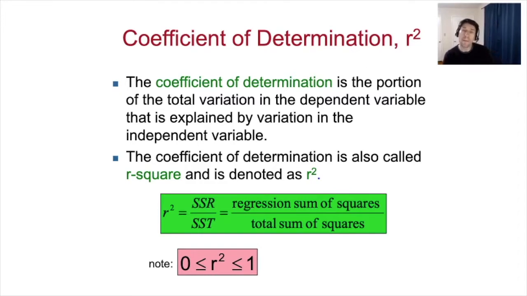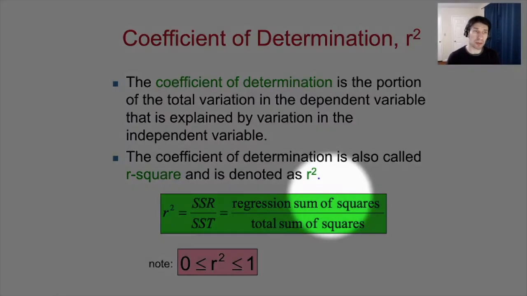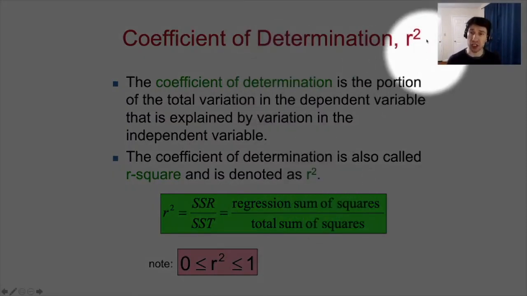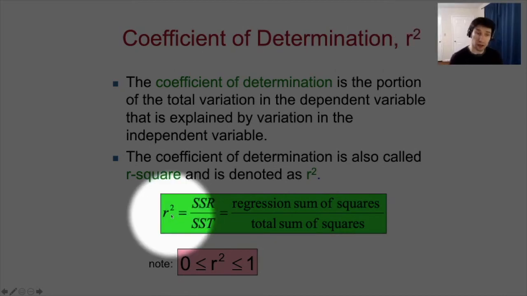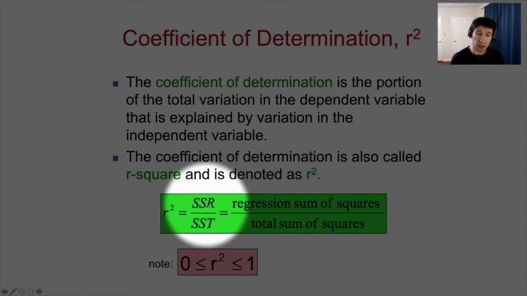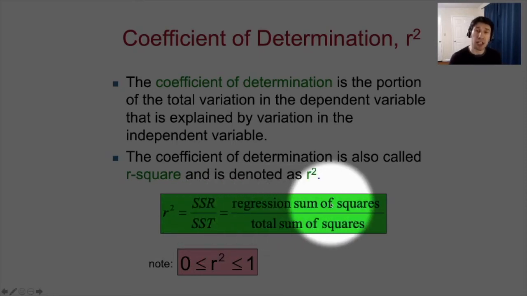So now to go back to our original question, which was how good is my regression? We're going to compute something called the coefficient of determination, R squared. We express it as the regression sum of squares divided by the total sum of squares. You should be getting the intuition already. Regression sum of squares is the variation explained by the regression.